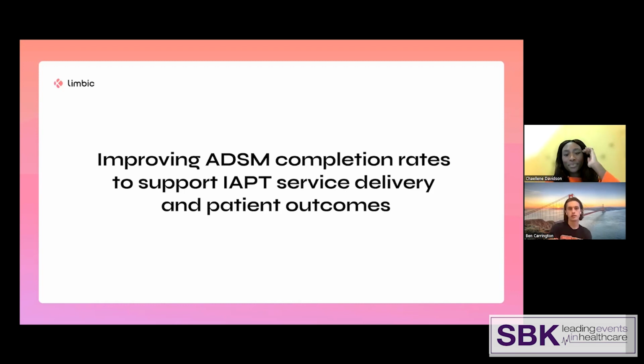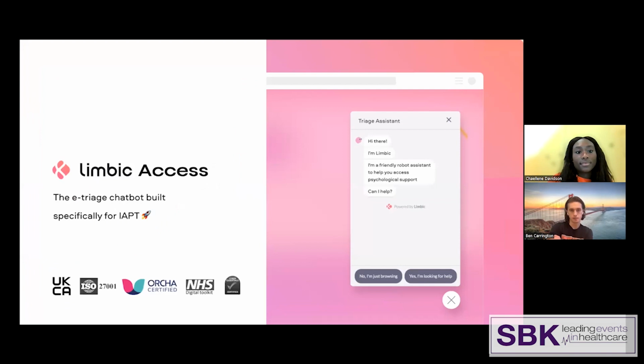Brilliant. So we can move the slides forwards, please, and I'll give us a bit of a scene setter. For those of you not aware, today we're talking about Limbic Access, which was built in 2020 in collaboration with some IAPT services, really in response to the rising demand and the need to make the referral process more efficient, largely off the back of the coronavirus pandemic.